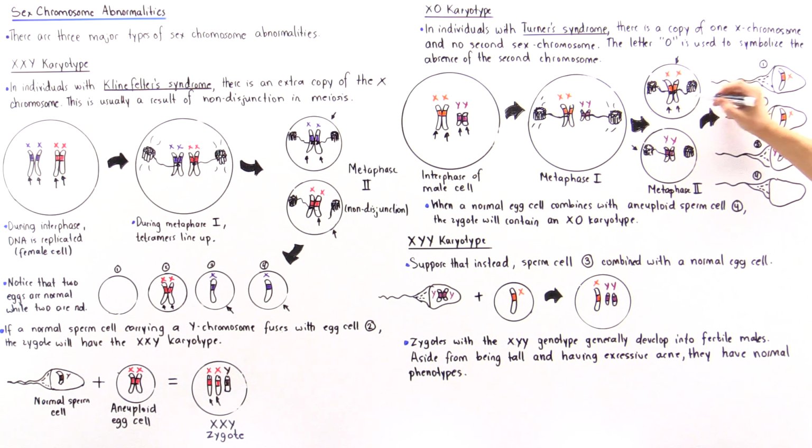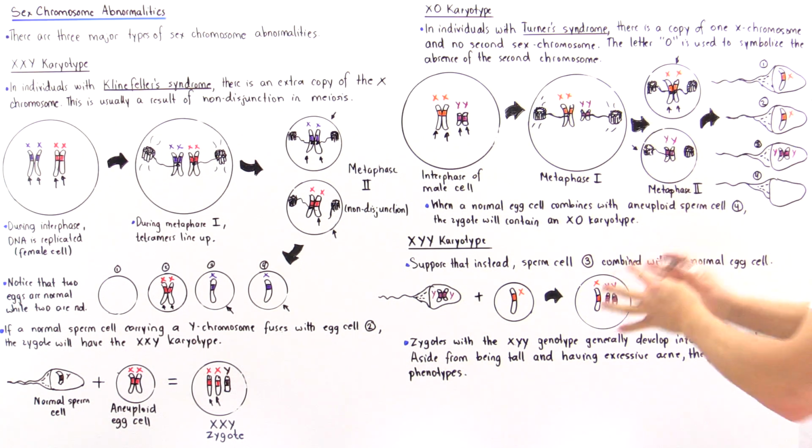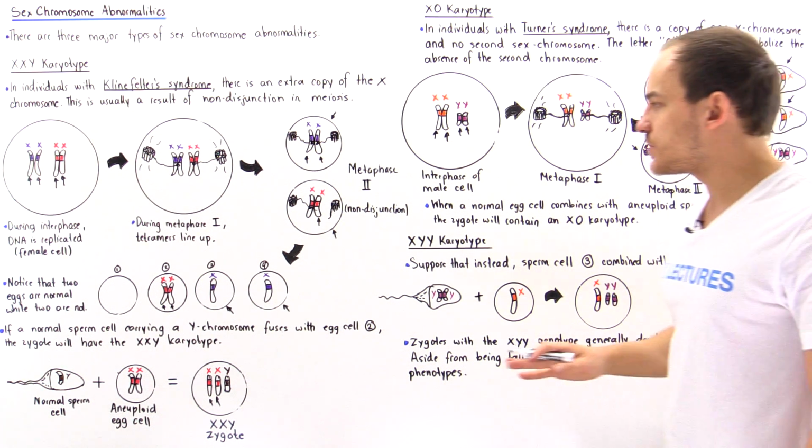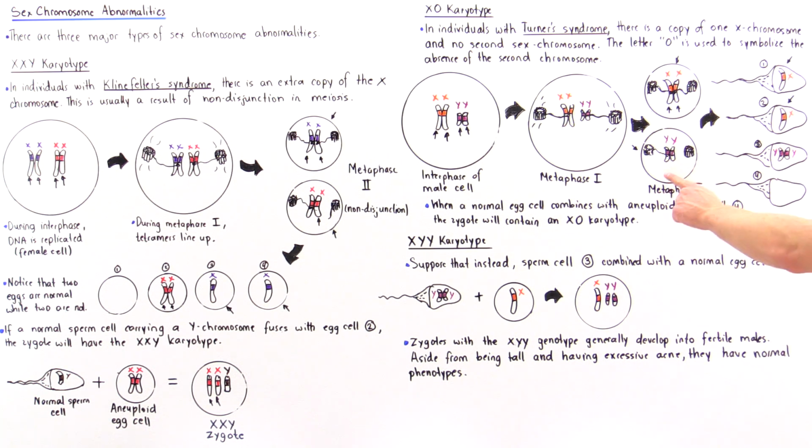Because non-disjunction does not take place, they segregate correctly, and so eventually they will form normal sperm cell number 1 and normal sperm cell number 2, where each one of them will have the X chromosome.